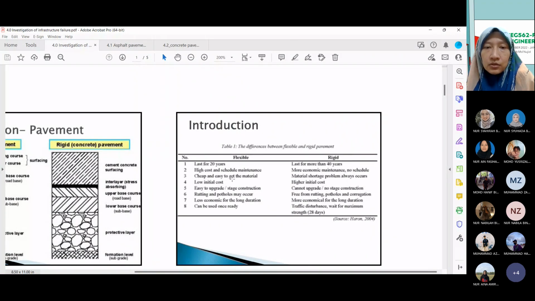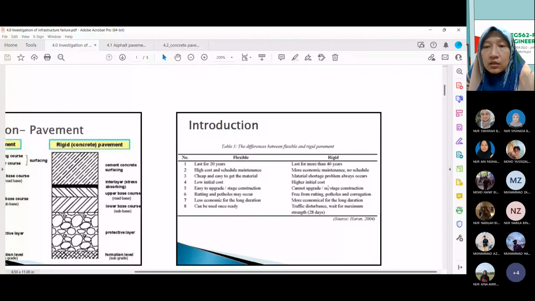We have a low initial cost for flexible pavement, and a high initial cost for rigid pavement, because rigid pavement is concrete. So remember, when you are forming a concrete cube, what are the materials being used to form a concrete cube? First, we have aggregate, and then of course we need cement, and then we need water.